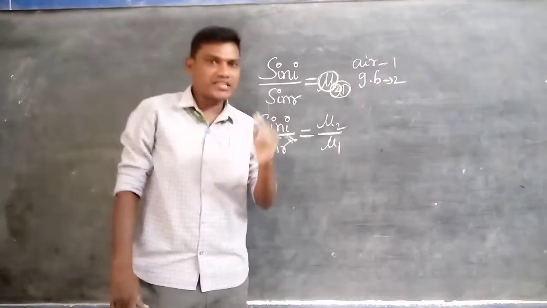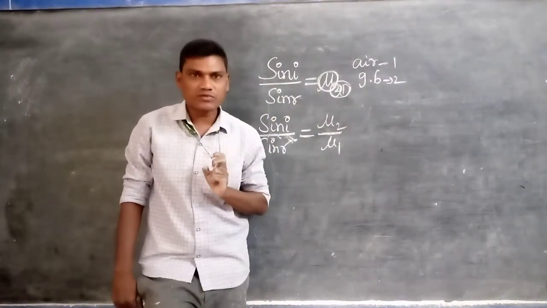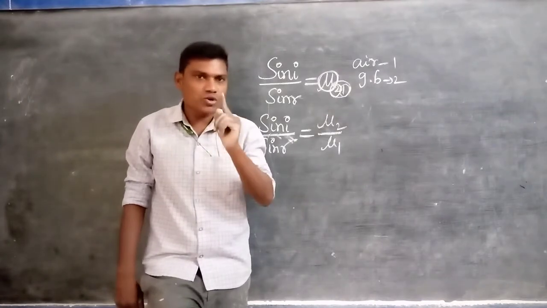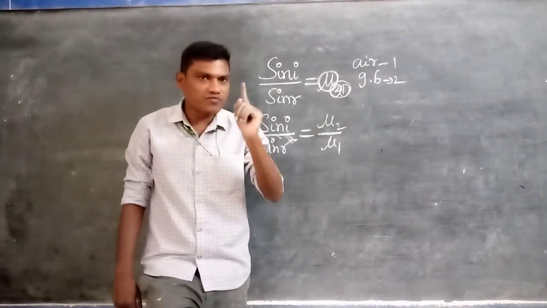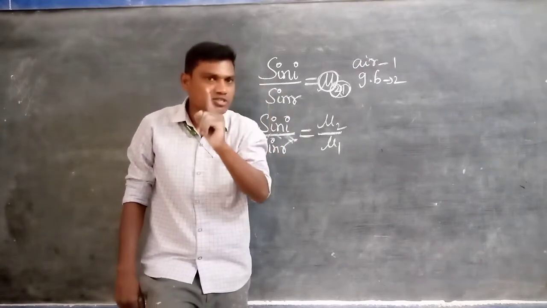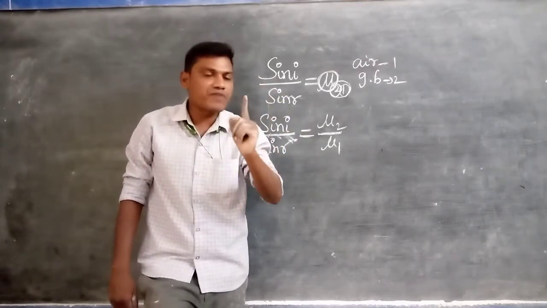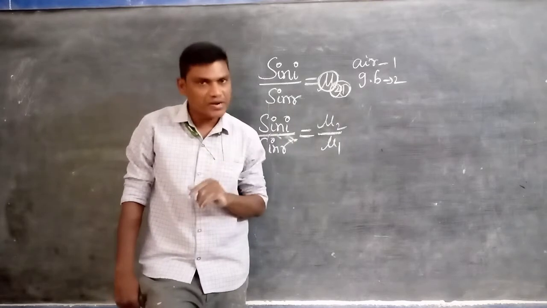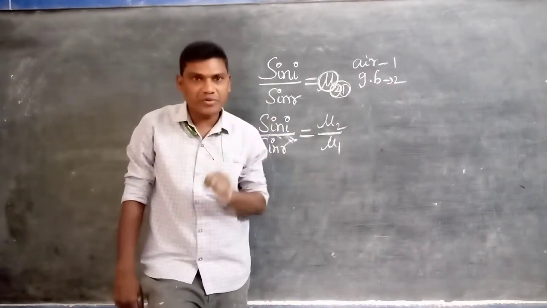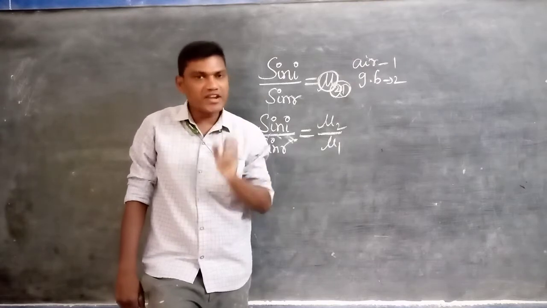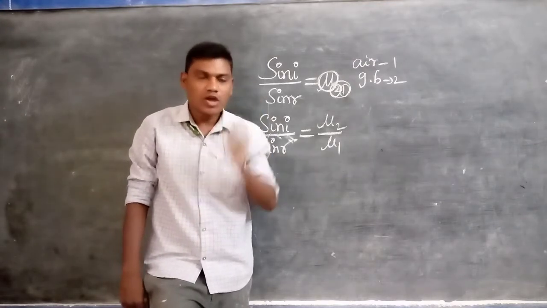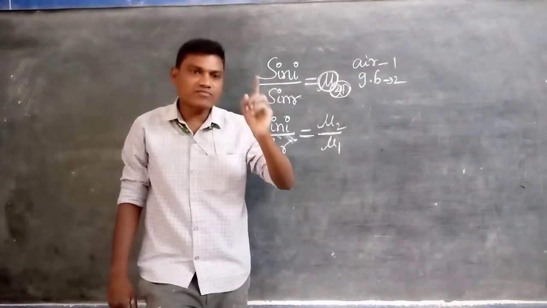Relative refractive index is defined in two ways. The first one is the ratio of speed of light in the first medium to the speed of light in the second medium, which is relative refractive index based on the speed concept. But based on the refractive index of the two media, it is the ratio of refractive index of the second medium to the refractive index of the first medium.